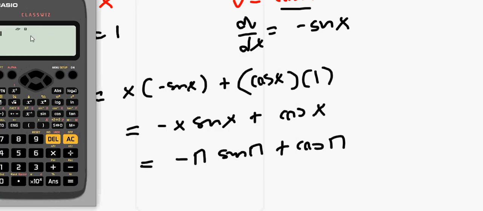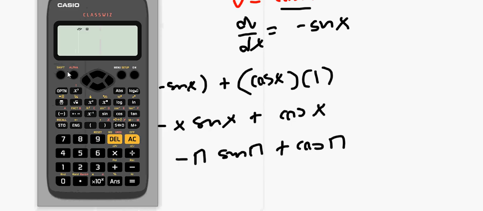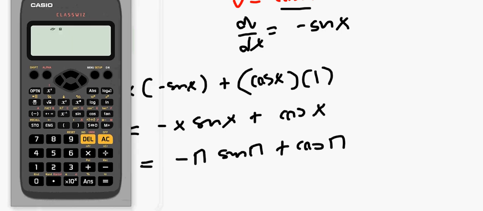We're going to make sure it's in radian mode, so it should be an R on the top of your calculator. If there's not an R, go to Shift, Setup, Angle Unit, and make sure you're pressing radians. And now we have minus pi sine pi plus cos pi. I think the answer is minus 1.